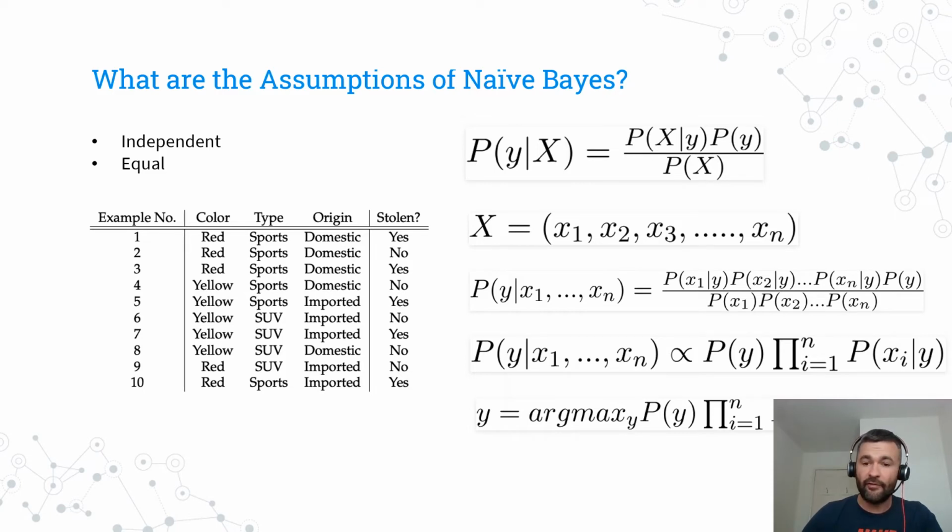The formula of x is the second one down on screen. So here x1, x2, up to xn represents the features, i.e. they can be mapped to color, type, and origin. And by substituting for x and expanding it using the chain rule, we get the third equation on screen.